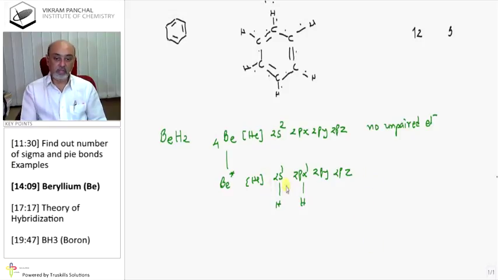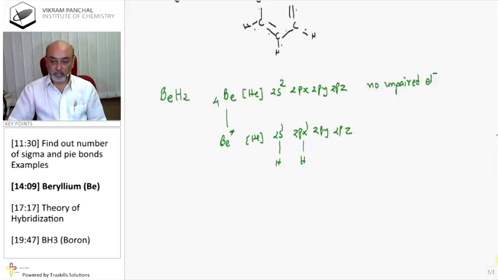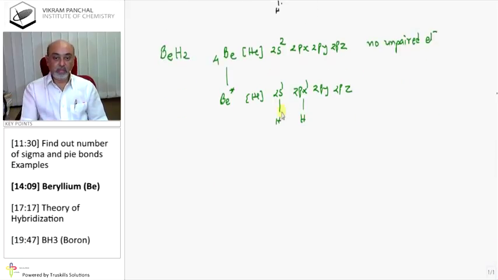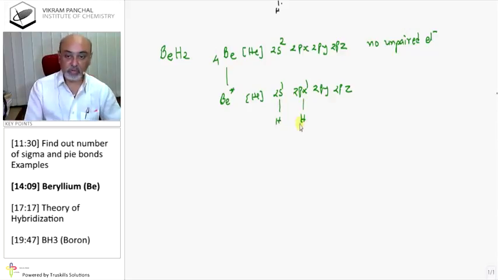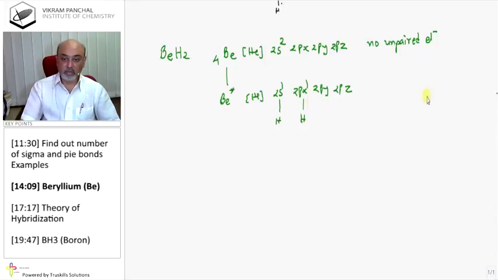Okay. Here one 2s orbital of beryllium overlaps with the 1s orbital of hydrogen, and the 2px orbital of beryllium overlaps with the 1s orbital of hydrogen. So there are two atomic orbitals of beryllium. One is 2s, another is 2px.